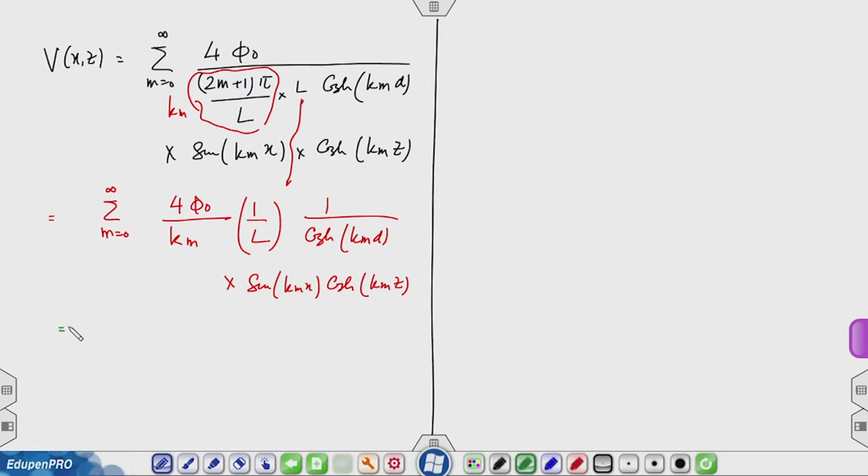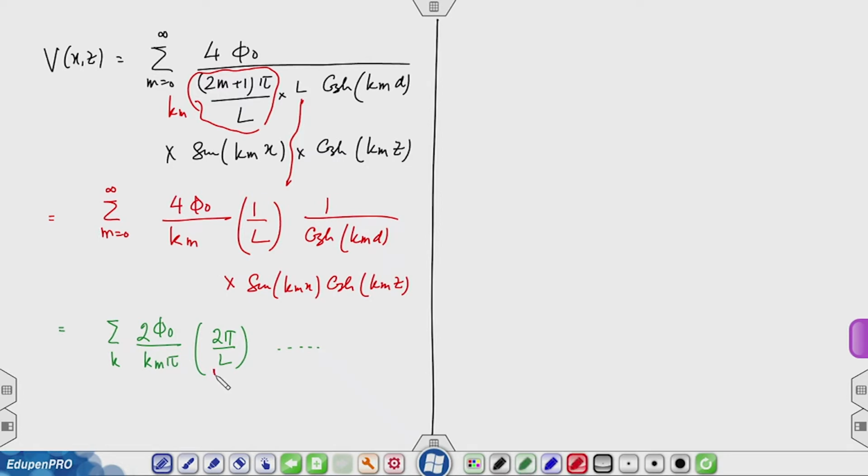I am now going to replace this summation over m by delta k. So, it is actually summation over k. Delta k is 2π by L. So, it is going to be φ0 2 over K_m π, and let me write this as 2π by L and the rest of the terms.